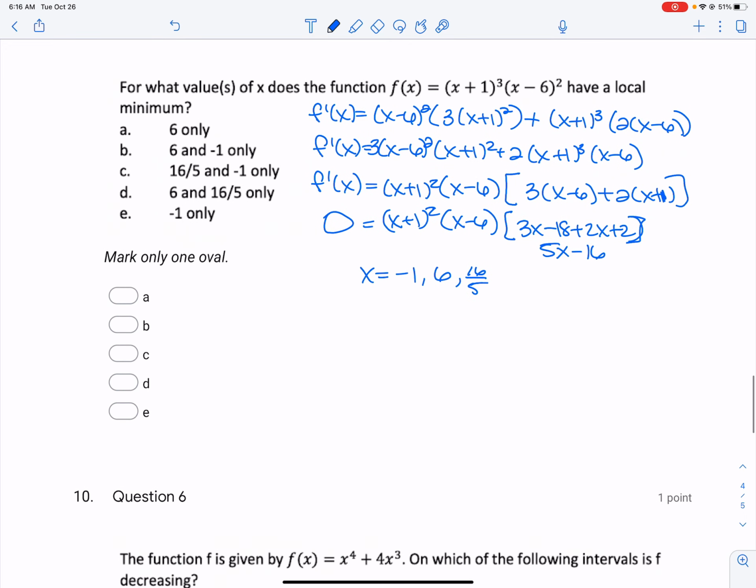Okay, so if I'm looking for a local minimum, now this is a multiple choice, so let's be clear. You're going to be super upset with me, but that's okay. On a multiple choice, I don't care that you guys don't show the chart.